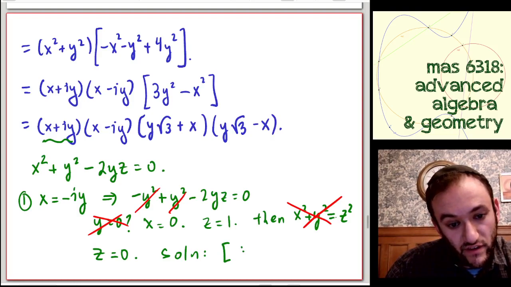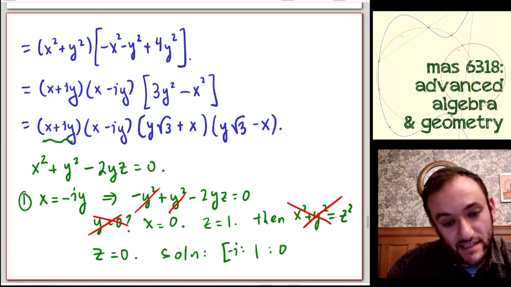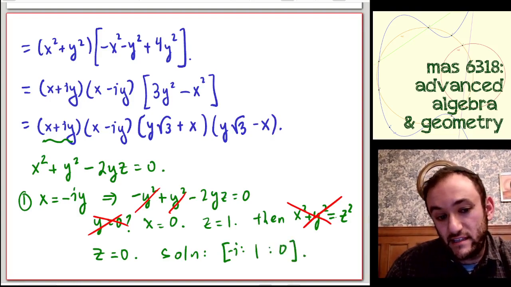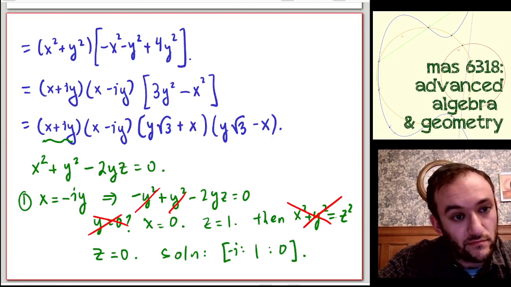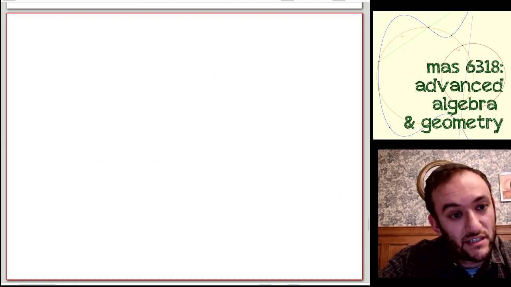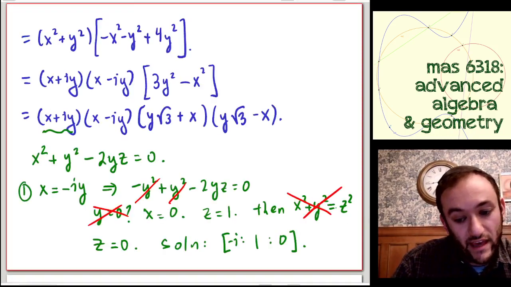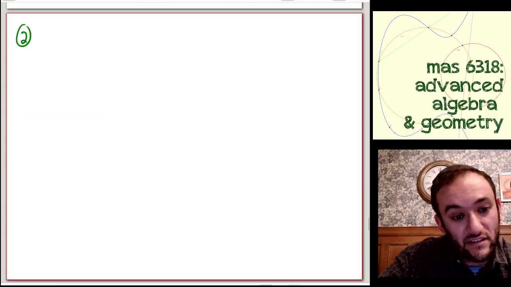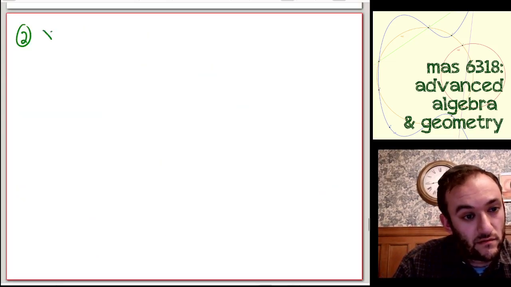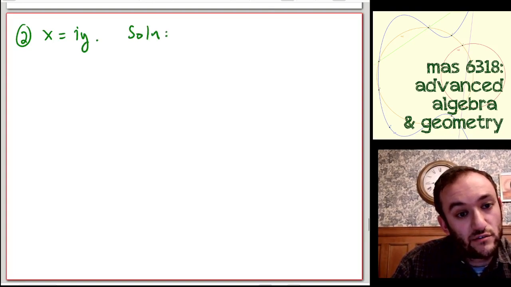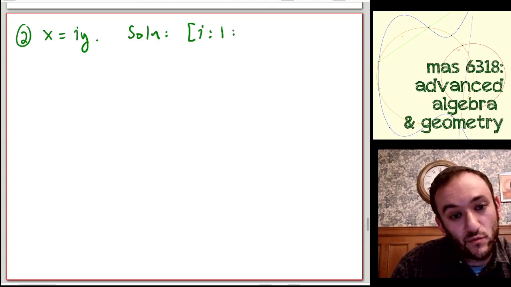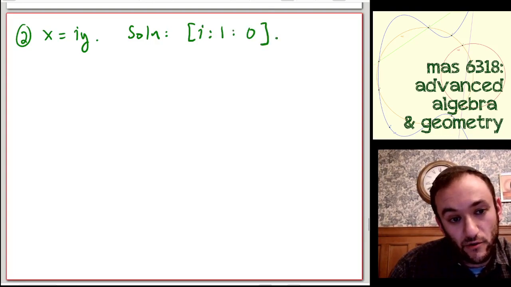Well, we can fix y to be 1, and then x is minus i, and that's a solution point. Okay, much the same deduction gives me that for the second factor, we have x equals positive iy, and our corresponding solution will be positive i times 1, positive i, 1, 0.